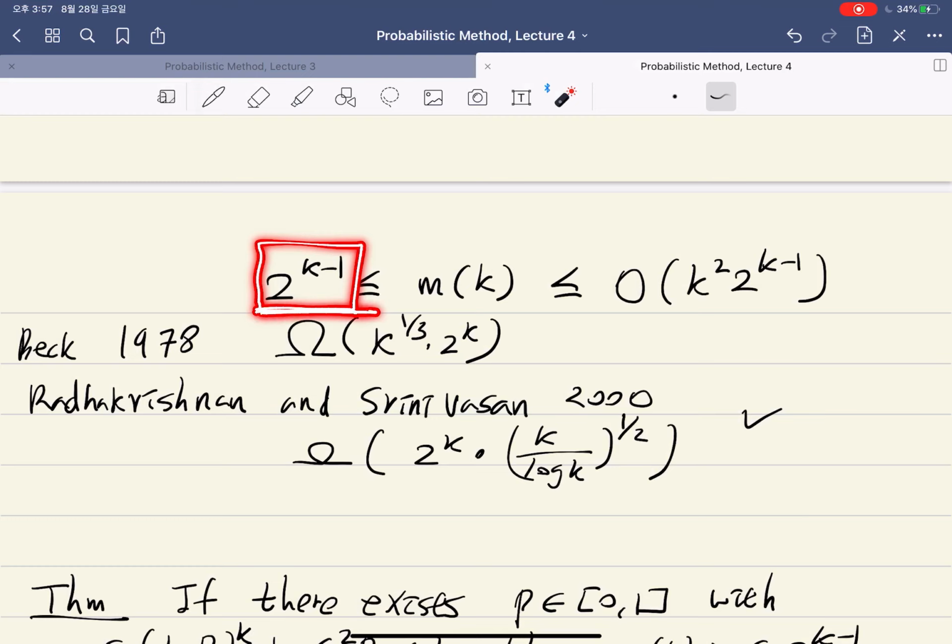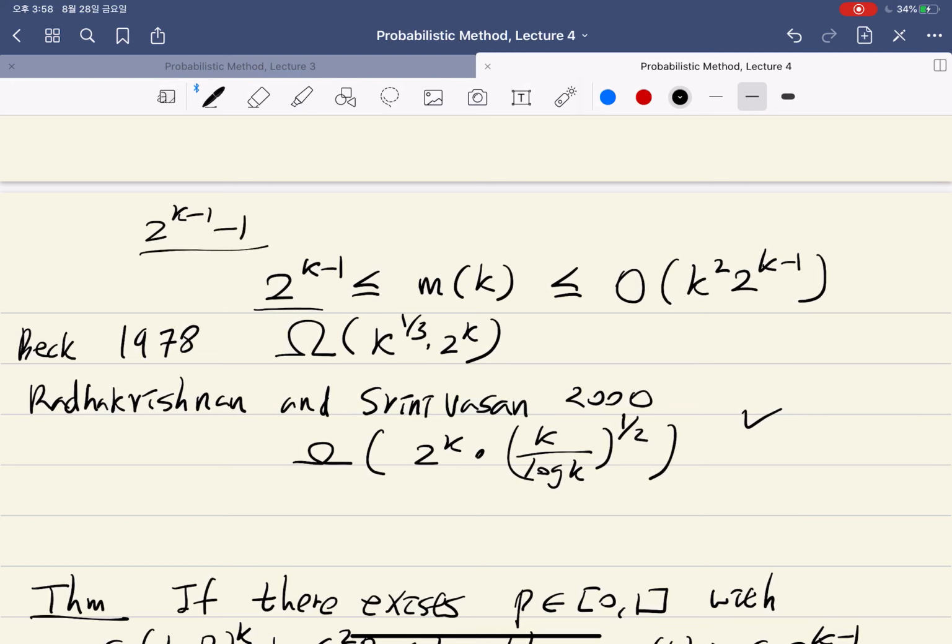And how did we show it? Assume we have a k-uniform hypergraph with this many edges, and for each vertex, we color it either red or blue. We proved that if there are smaller than this many edges, so actually minus 1 many edges, then with positive probability, every edge is not monochromatic. So that provides a lower bound.